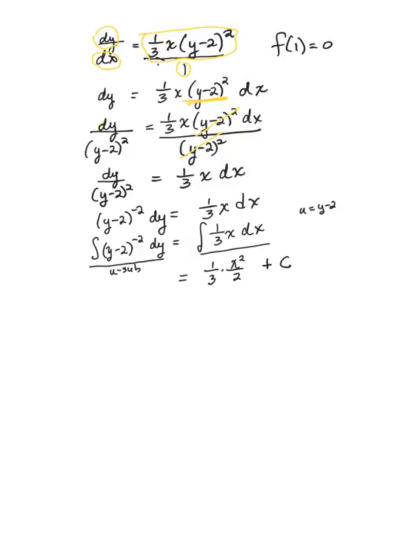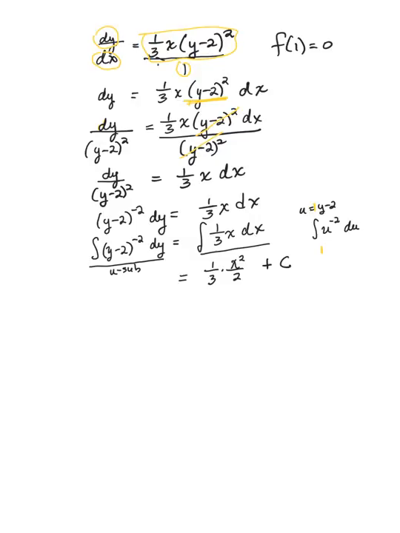So this is u to the negative 2 with respect to u. And notice that the coefficient of the linear term is 1. So the answer in the antiderivative will be the reciprocal of 1, which is 1.